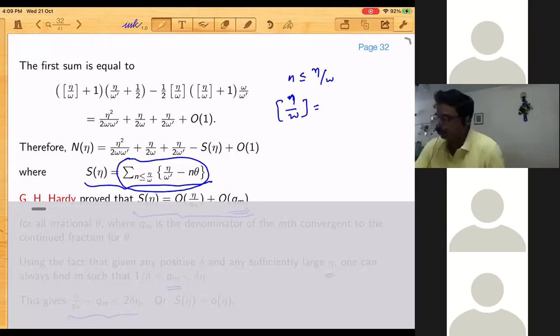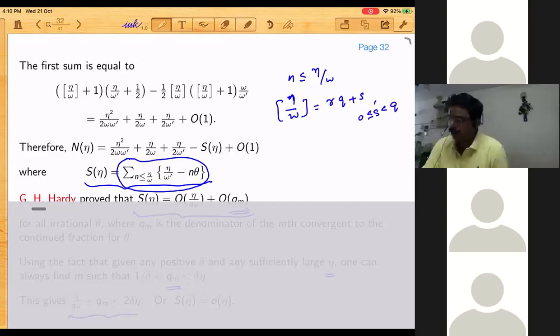So they split this sum into several sums. Therefore this sum is the same as n equal to 0 to Rq minus 1, and then we have eta by omega minus n theta, plus the one corresponding to this last S, that will give you simply O of S. All right.